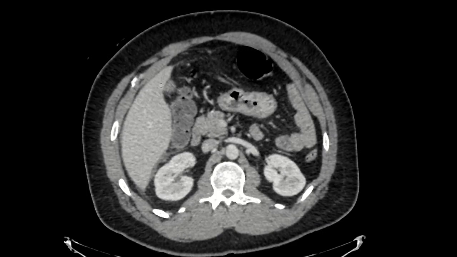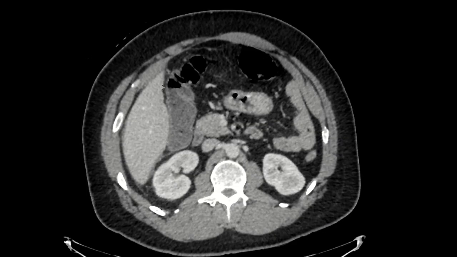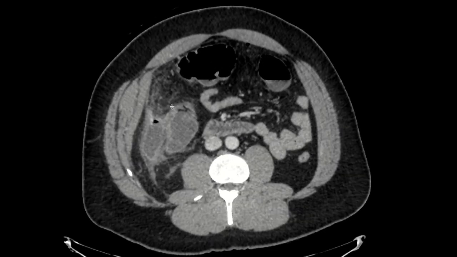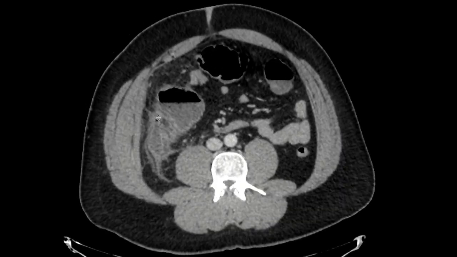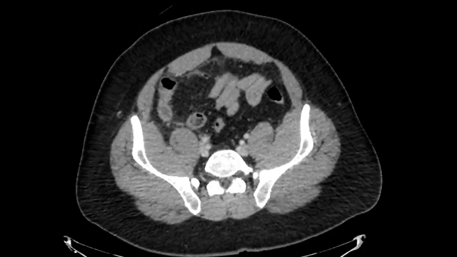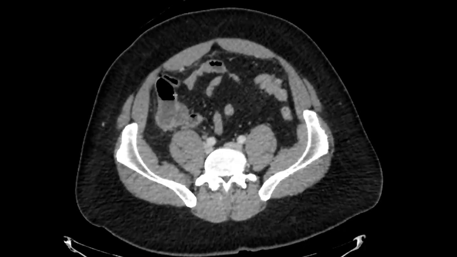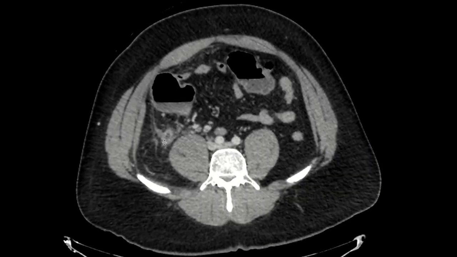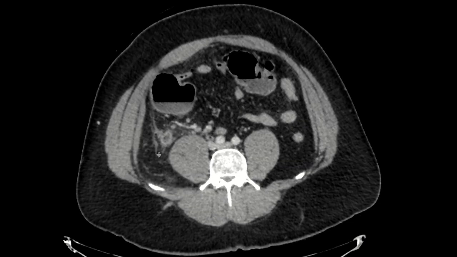Here's a CT scan that was performed in a patient with right lower quadrant pain, and this patient received intravenous contrast. As we scroll down here, we can see extensive inflammatory changes involving the right portion of the abdomen. Here's the cecum, and we can see emanating from that the appendix, which looks like the center of the inflammatory changes.